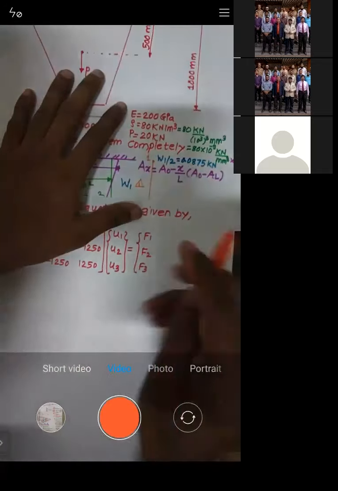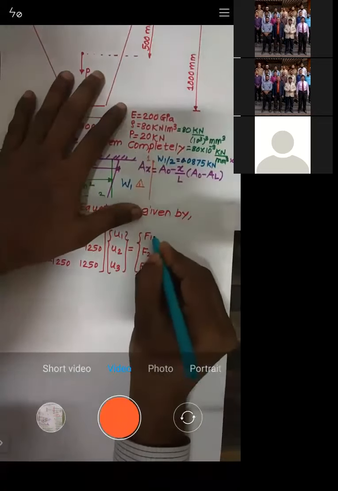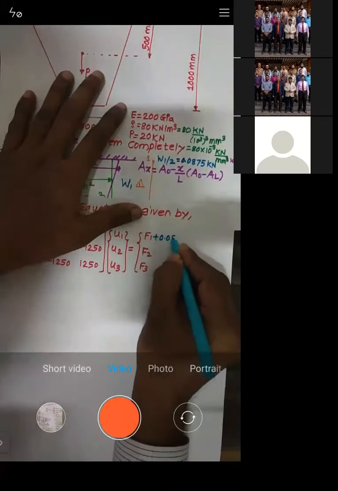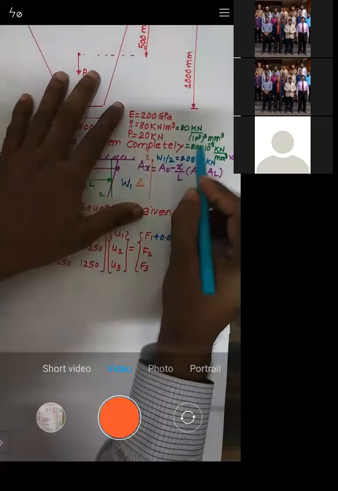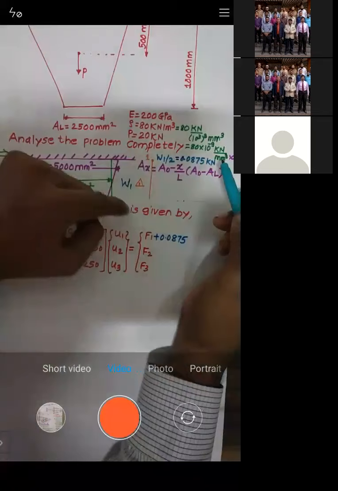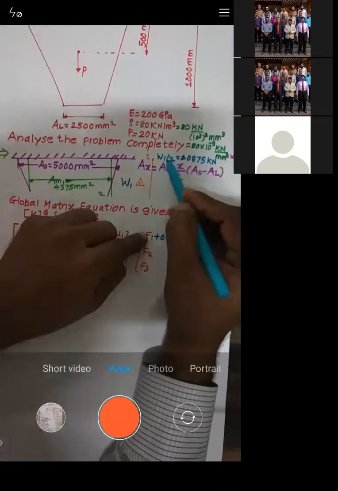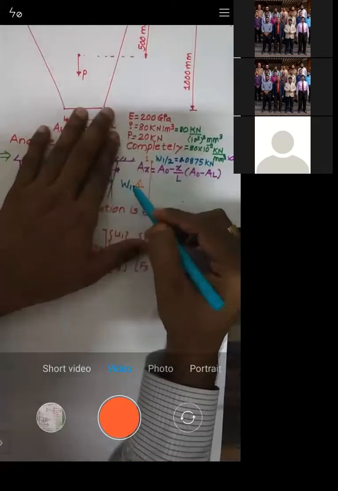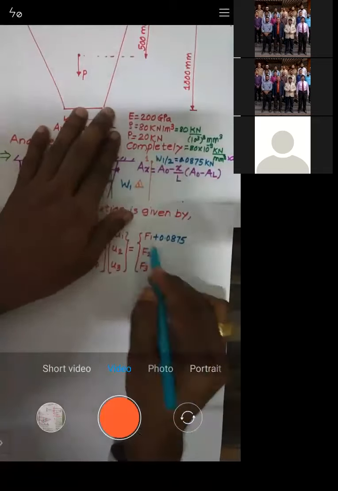I will write down that value here: F1 plus 0.0875. F1 is 0 plus, see, this value is written at node 1. So at node 1, which force is acting? F1. And in addition to that, half the weight of element number 1, that is 0.0875, will act. That is what is written.